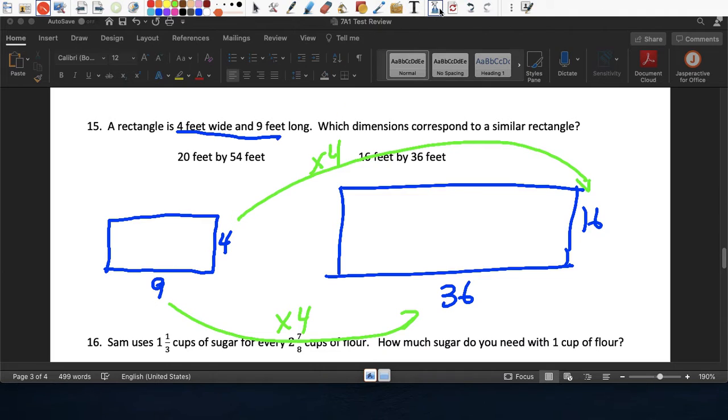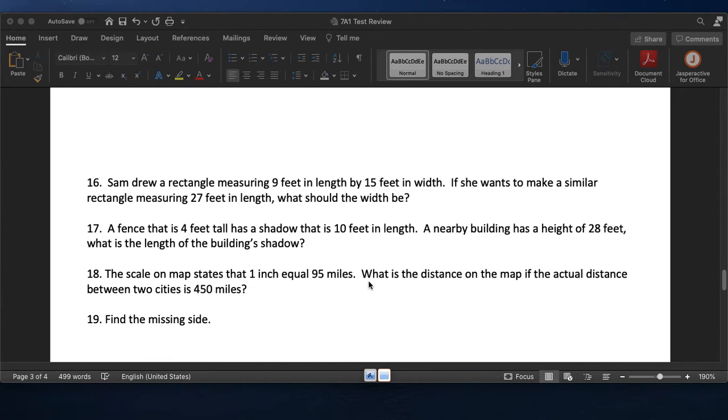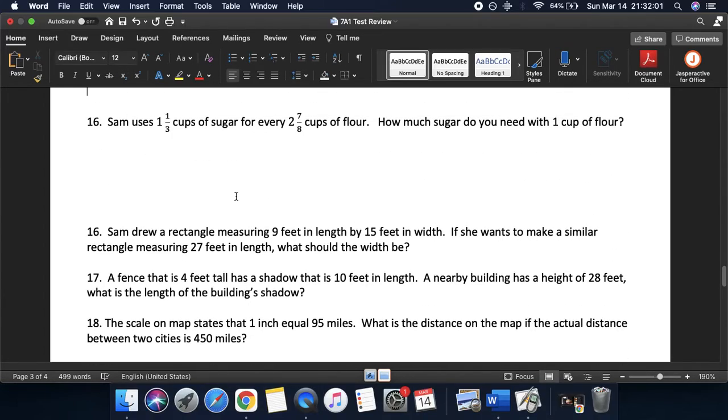So in this case, yes, the second rectangle, I'm sorry, was kept proportional. 16.